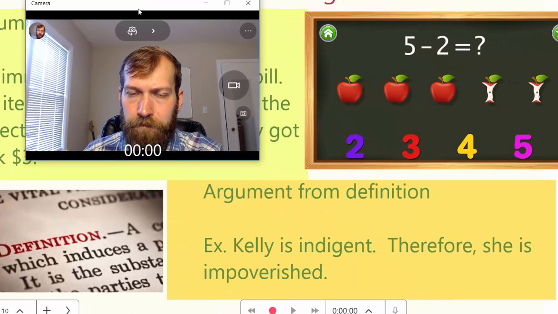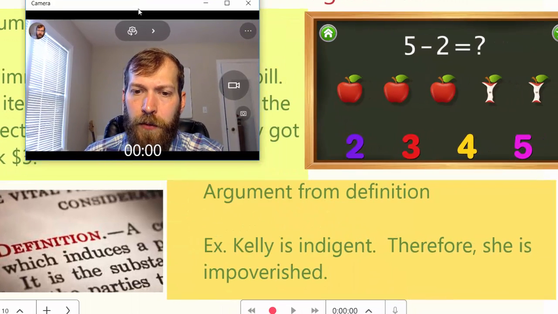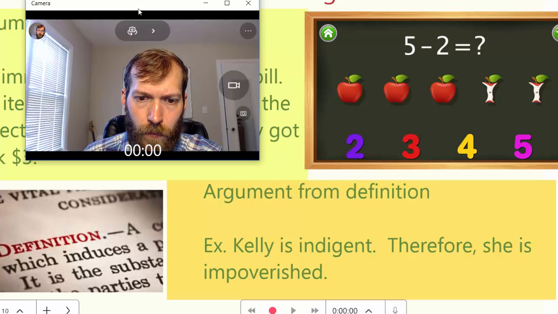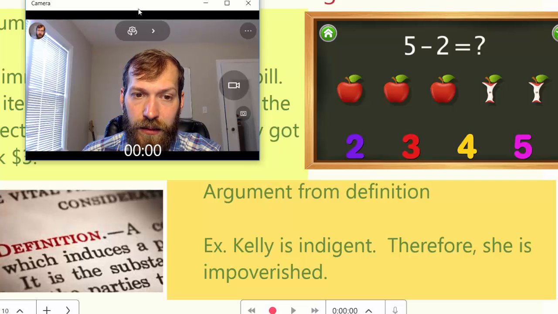So the second one that we're going to look at is argument from definition. So basically the style of this argumentation is you say, here's this definition, here's what something means. So-and-so is this kind of thing, right? The word aptly describes this person.